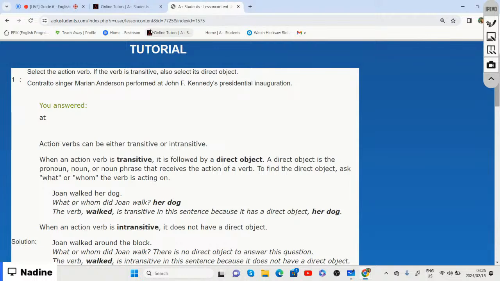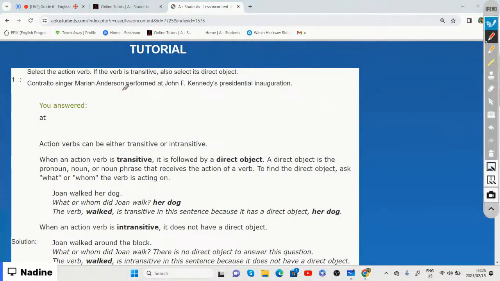So, what is our action verb within that sentence? If we select our action verb, it will be performed. It's the action that is being done. So, performed is our action verb.